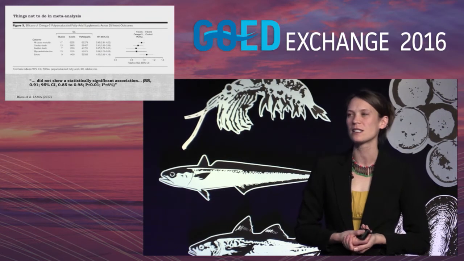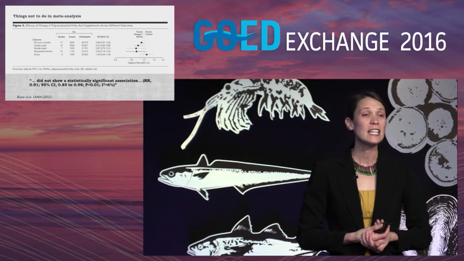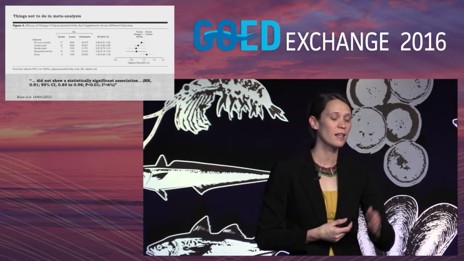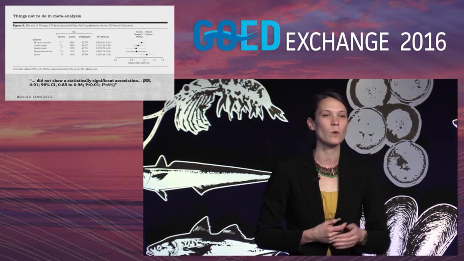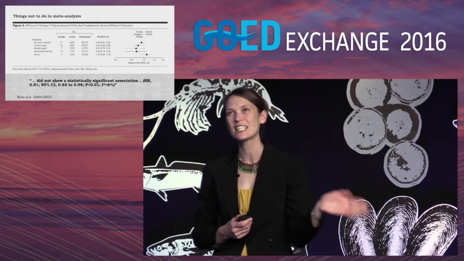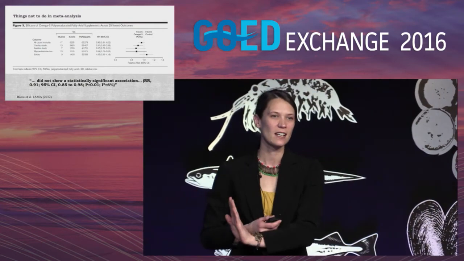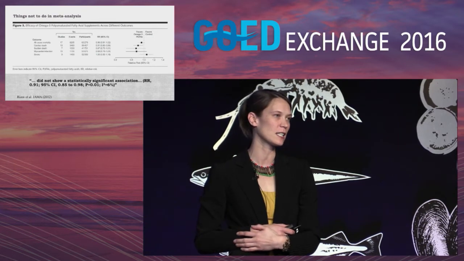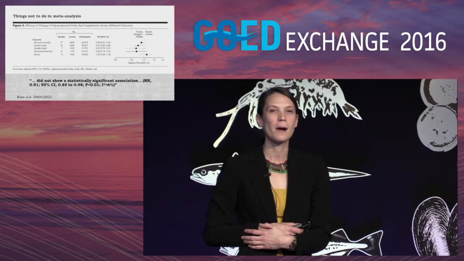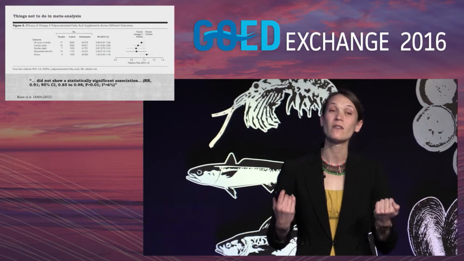And the interpretation of meta-analyses needs to be nuanced, okay? It should not be black and white, not statistically significant, or yes, it is statistically significant. It needs to be interpreted in terms of evidence.